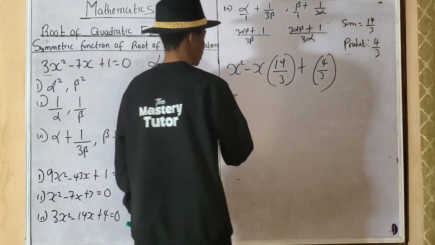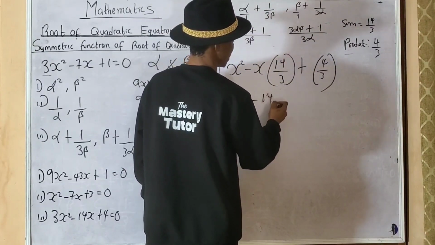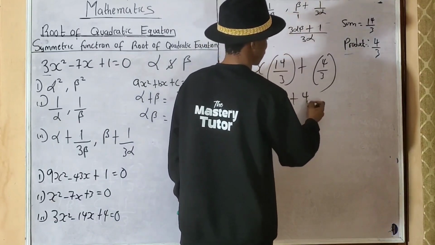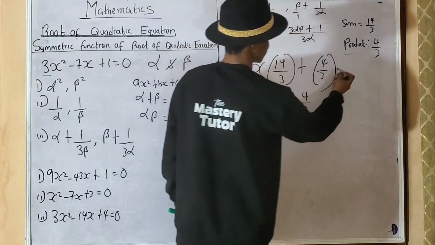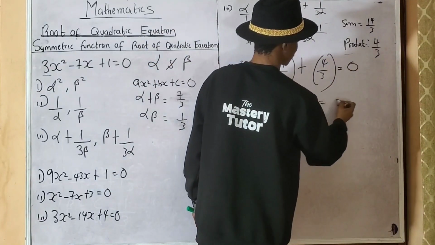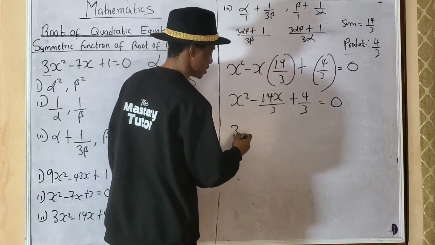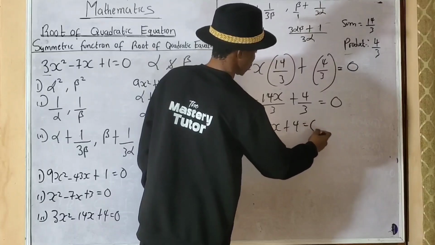That's the equation. So simplifying further, I'm going to have x squared minus 14x over 3 plus 4 over 3. Do you understand? Okay, this will be equal to 0 because it is an equation, not an expression. Now multiply all through by 3. I'm going to have 3x squared minus 14x plus 4 equals 0.